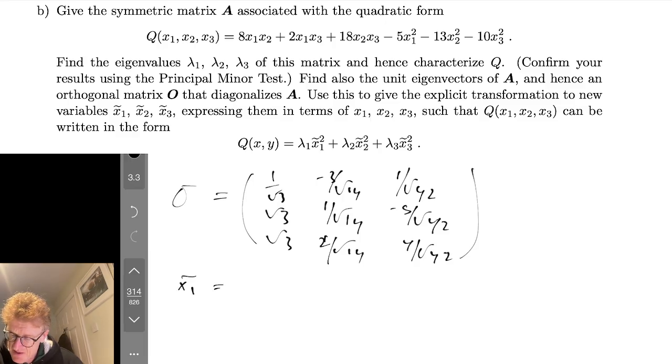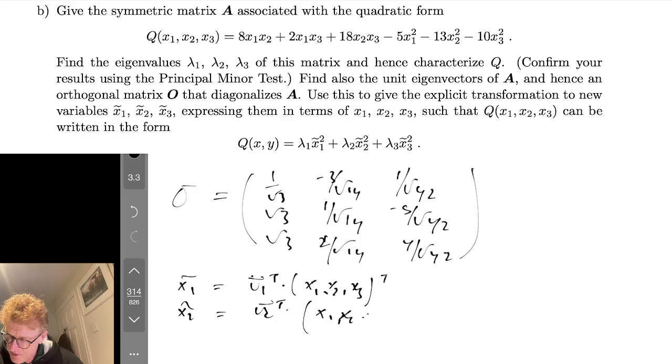Then x1 tilde is the first eigenvector times x1, x2, x3 transpose. x2 tilde is the second eigenvector transpose in the product with x1, x2, x3 transpose. x3 tilde is u3 transpose in the product with x1, x2, x3 transpose.